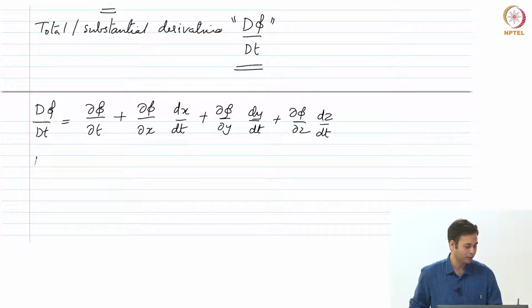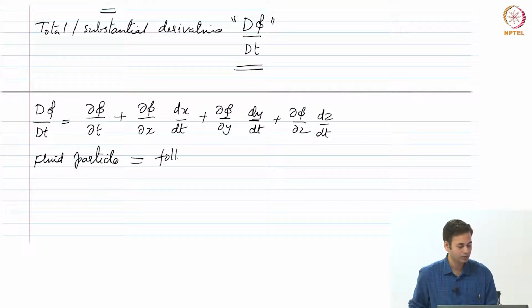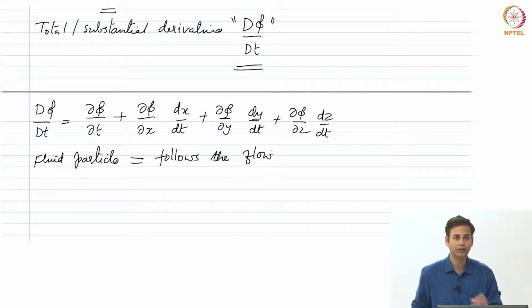Now, we know that this fluid particle follows the flow. So what would be the instantaneous derivatives of the position vector that we have here? What will be dx dt for this fluid particle? That will be the x component of velocity of the flow, so this will be u.